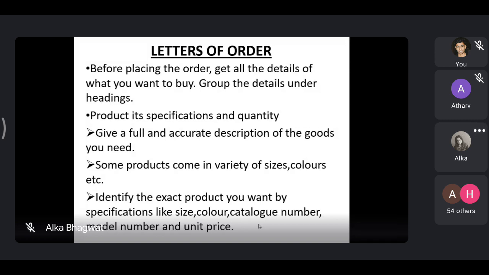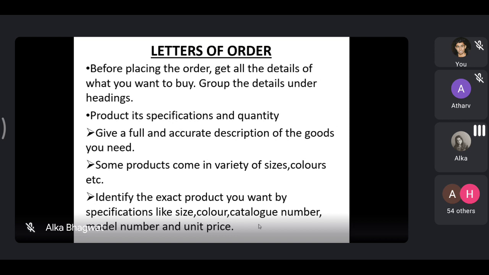First let me give you an example of this. Say you want to order in food production, in the kitchen, say bakery items, or grocery. All the grocery, bakery as well as cookery items. When you are writing a letter, remember, you have to group the details under headings.